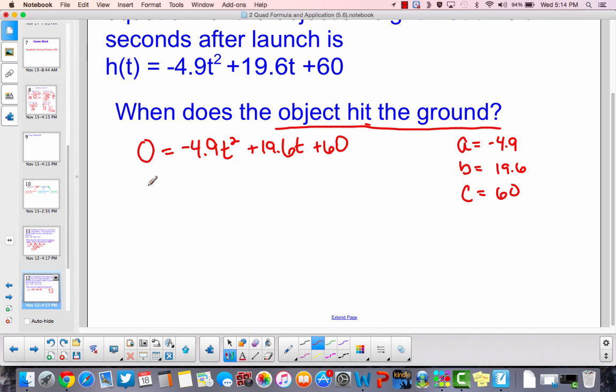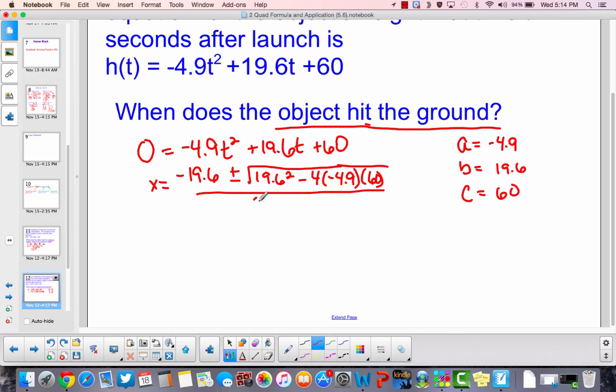Remember that quadratic formula is x equals negative b, so a negative 19.6, plus or minus the square root of b squared, 19.6 squared, minus 4 times a, a negative 4.9, times c, which is 60, all over 2 times a, which is negative 4.9.